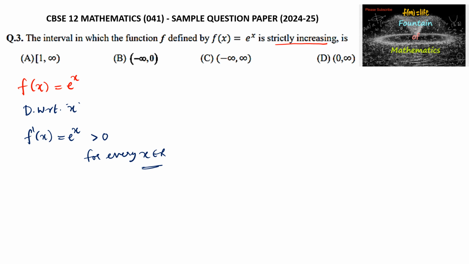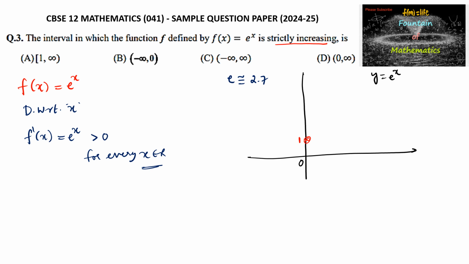If we can see the graph, we know the value of e is approximately equal to 2.7. So when x is equal to 0, e power 0 is 1, so we can consider the point here.